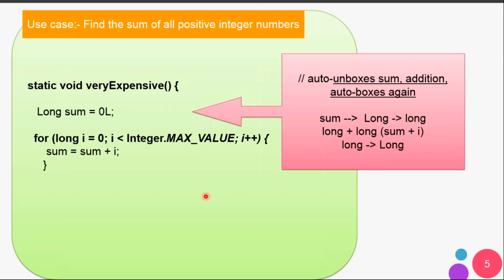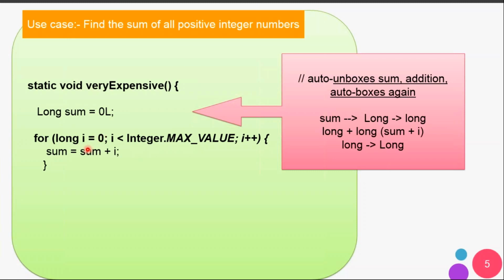From our previous examples, I have said that when the addition operation is performed, the data type must be the primitive type. Now you can see that my sum variable is of the Long type, that is the wrapper type, and my long primitive variable, that is i, is of the primitive type. So I have two types of variable here.